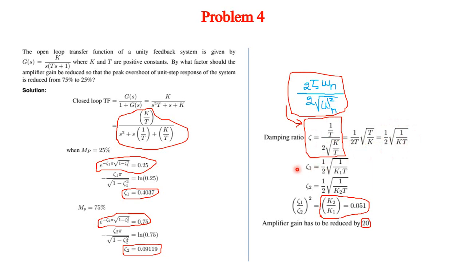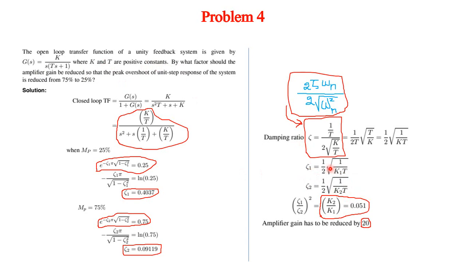Let us take one damping ratio as zeta 1 corresponding to K1, and another damping ratio zeta 2 corresponding to K2. I am not making any change in the time constant, because they have not asked us to change it, only the amplifier gain is changed.